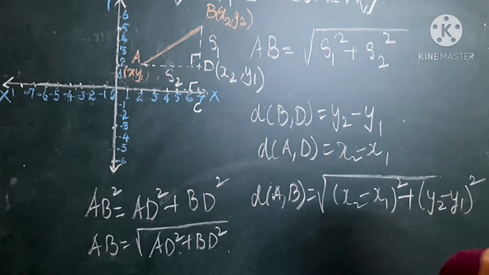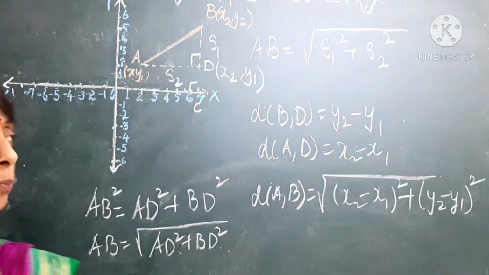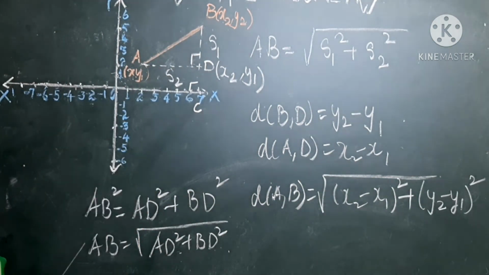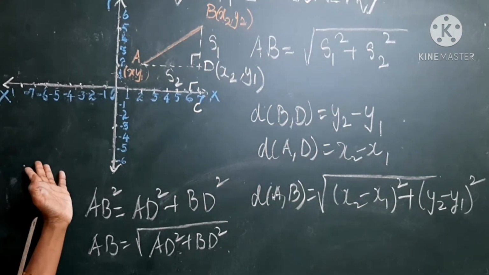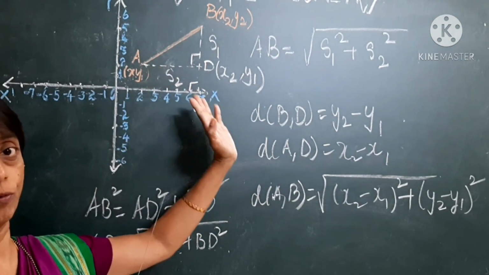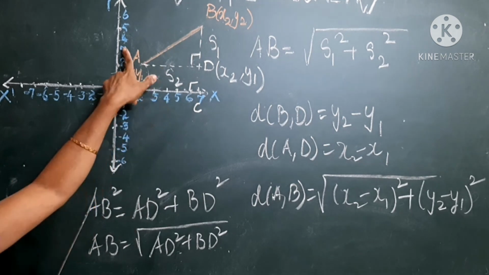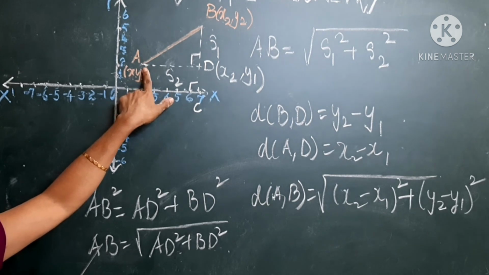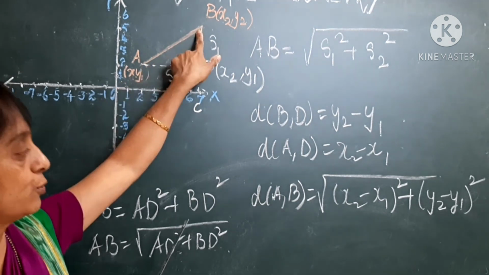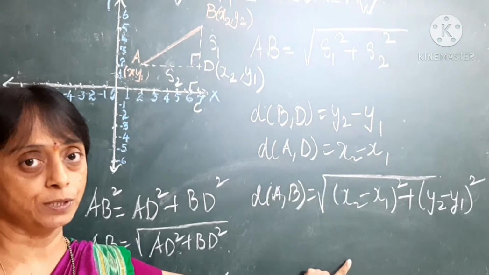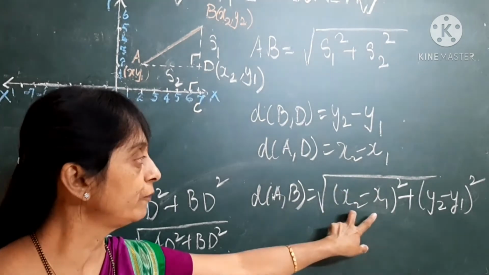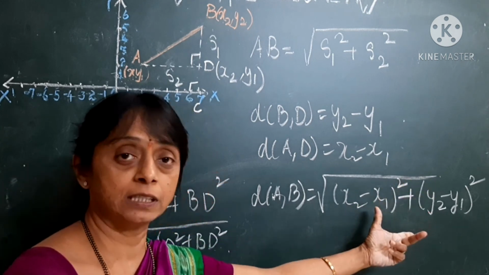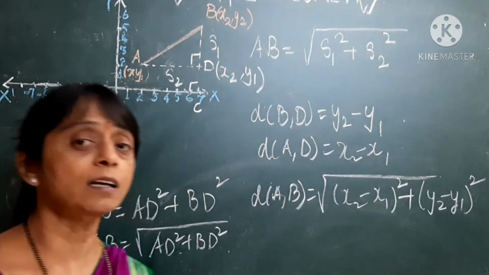So to generalize, children, whenever they give you 2 points in any quadrant lying in a slanting position with coordinates x1 y1 and x2 y2, and you are supposed to find out the distance between those 2 points, the formula that we use is the square root of the sum of the squares of the differences of the x-coordinates and the y-coordinates.